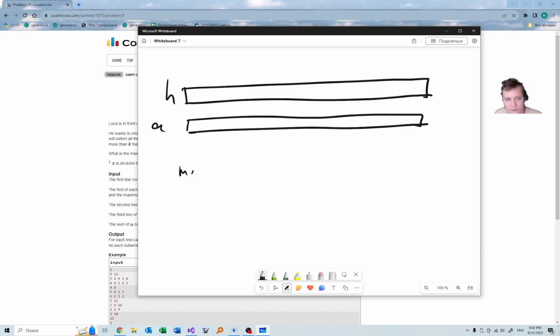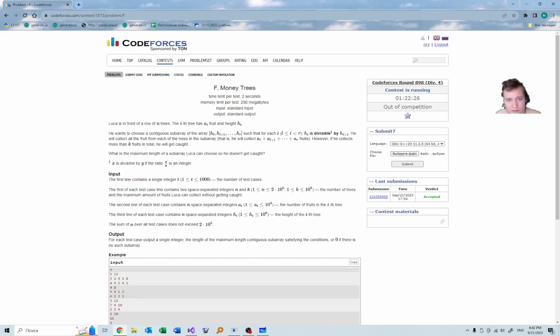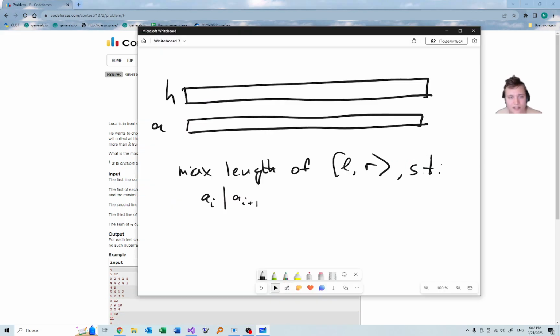You need the maximum length of segment [L, R] such that a_i is divisible by a_{i+1}. Actually, h_{i+1} divides h_i, for i from L to R exclusive.